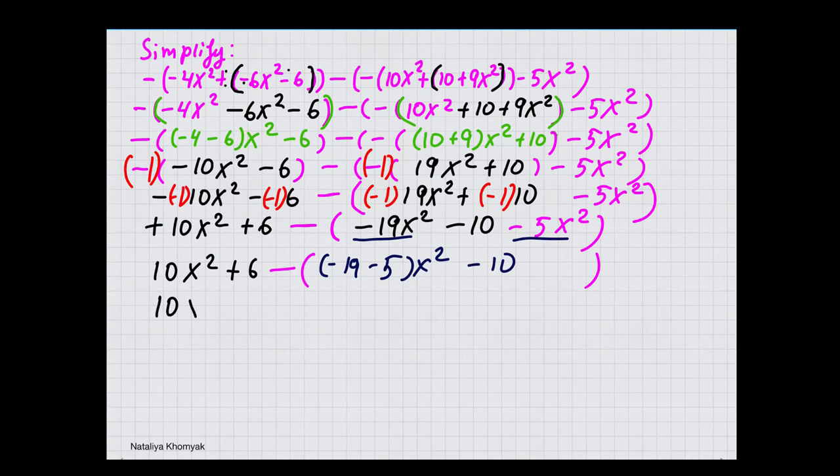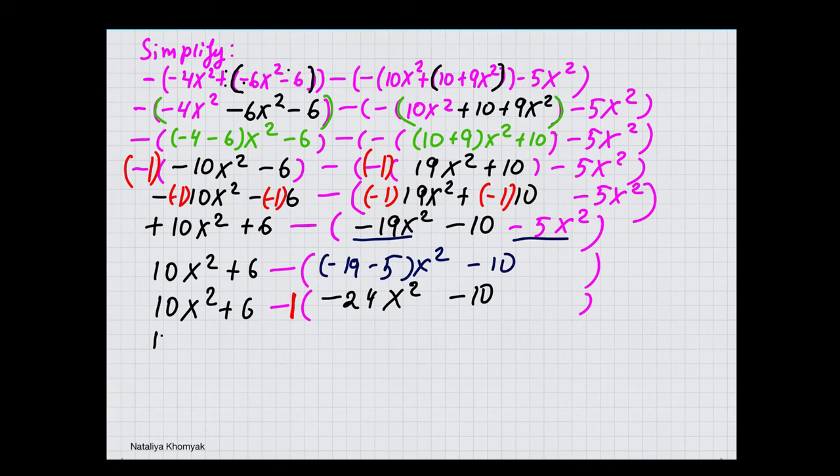So we have 10x to the second plus 6 minus, same sign, we look for sum of 19 and 5, which is 24. And since both of them are negative, the sum will be negative 24x to the second minus 10. And now we just need to distribute this -1.